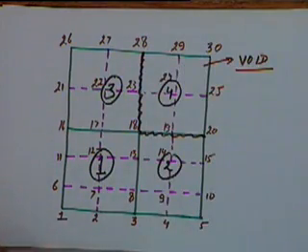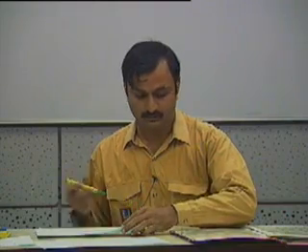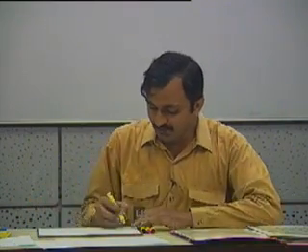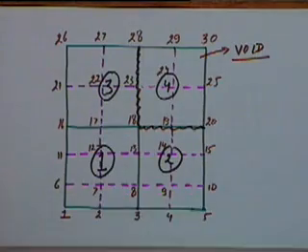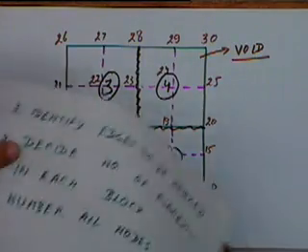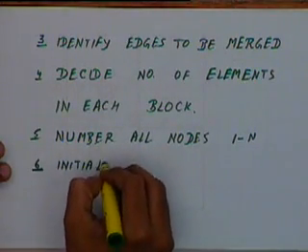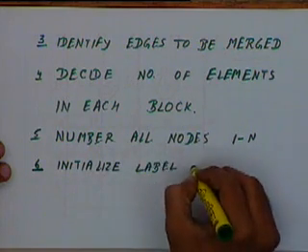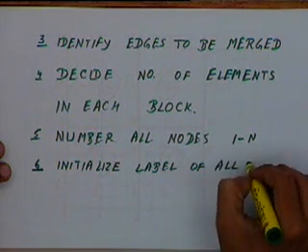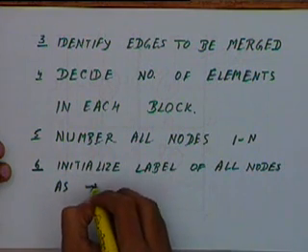Okay, in this case we number them from 1 to 30. Then for each node we define a label. Each of these nodes will be given a label, and we initialize the label of all nodes as -1.